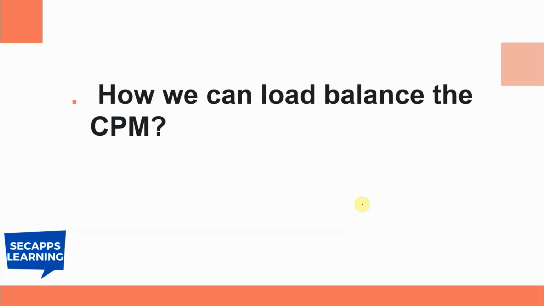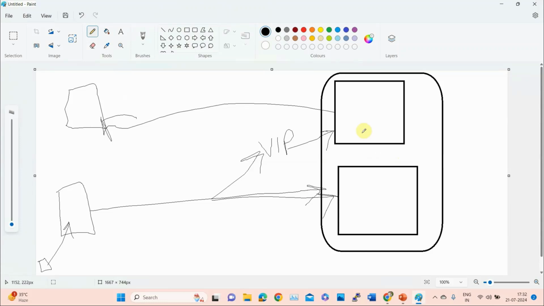But I gave one scenario where we can have this cluster or something. Let's take another scenario. Let's say we made this architecture successful, and your CPM is now changing the password, but it failed. Let's say the first time, it failed to change the password.